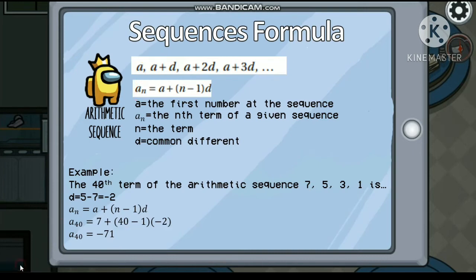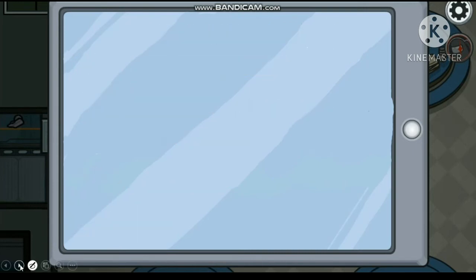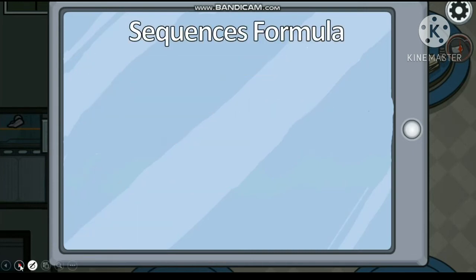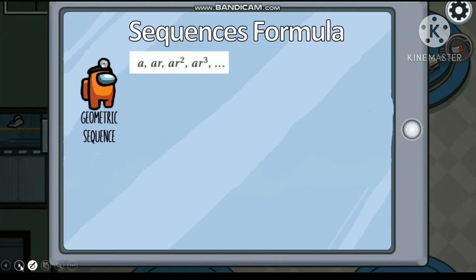And finally, we get a40 is negative 71. Okay, the next is geometric sequence. This is the geometric sequence: a, ar, ar to the power of 2, ar to the power of 3, and so on.